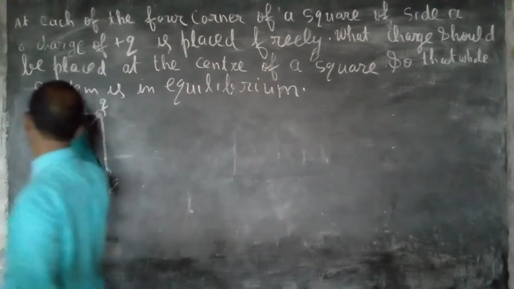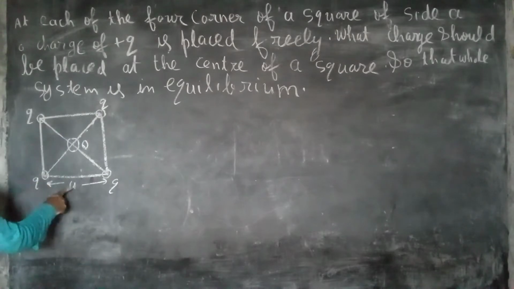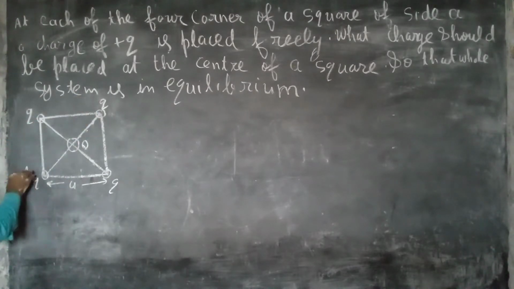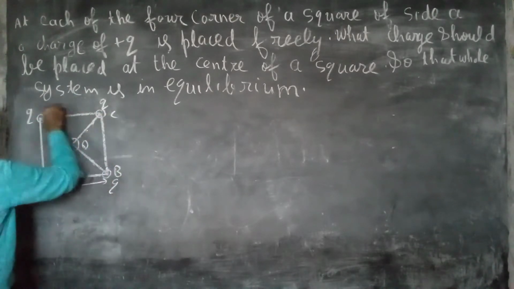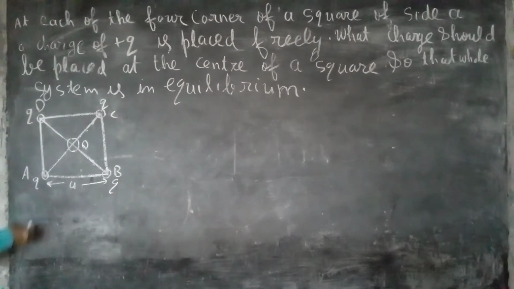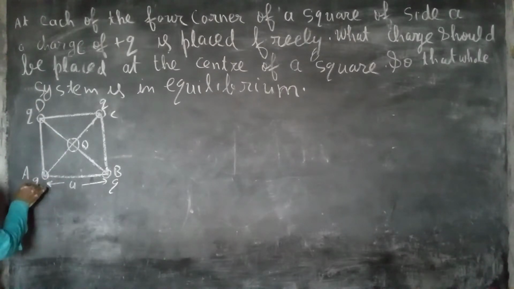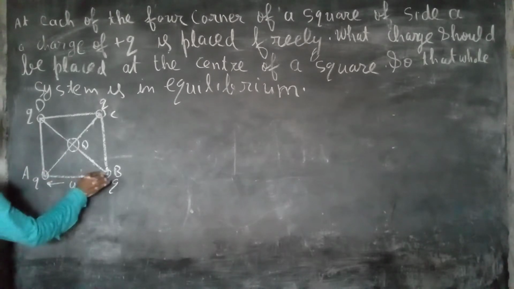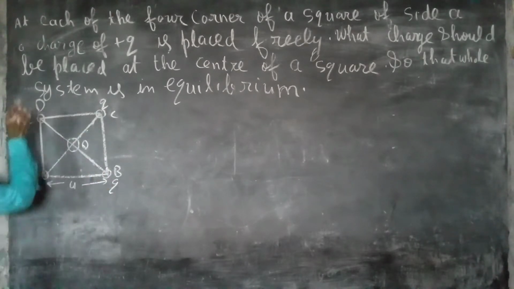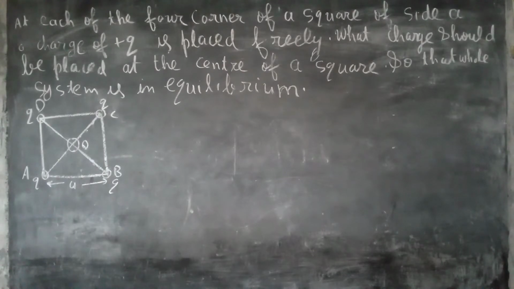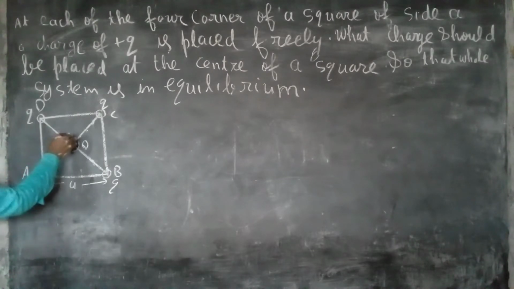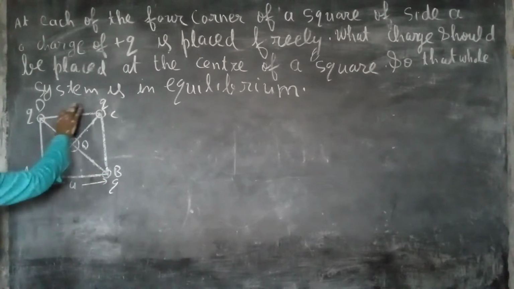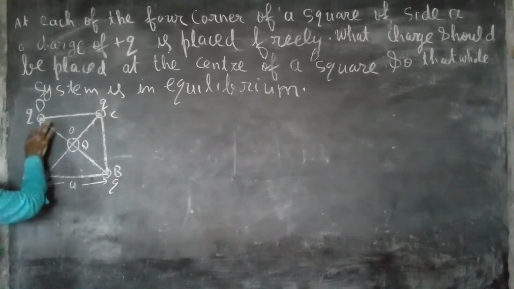So this is your square of side a. Let ABCD be a square of side a, and four charges of magnitude plus q are placed at vertices A, B, C and D. What charge should be placed at the center? Center is O, so that this system is in equilibrium.